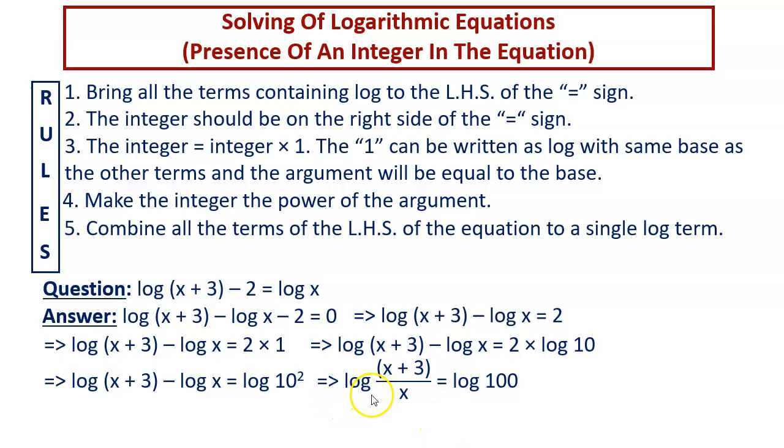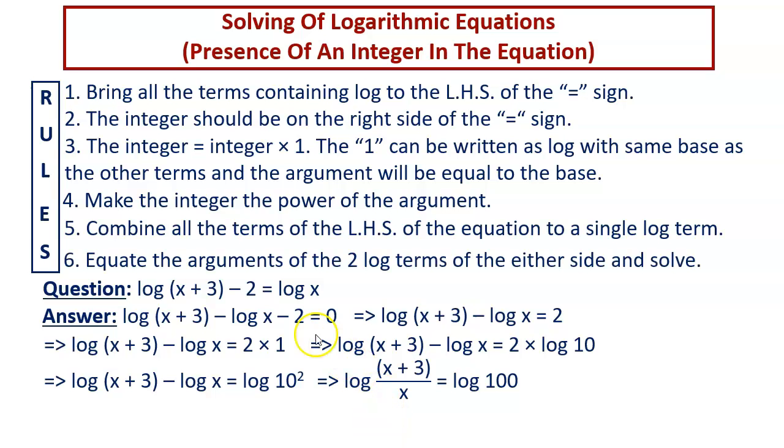And since we are having log to the same base on either side of the equal to sign, we can cancel these two logs and we can equate the arguments. So this will be the next rule. Equate the arguments of the two log terms of either side and solve them. So it will be x plus 3 over x is equal to 100.